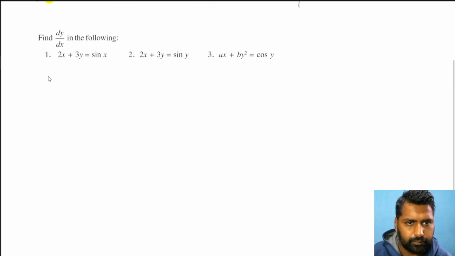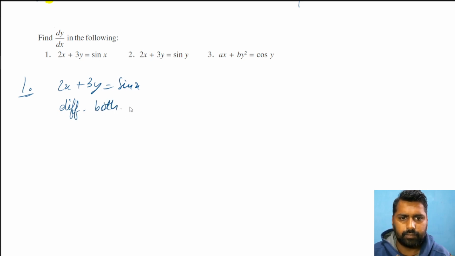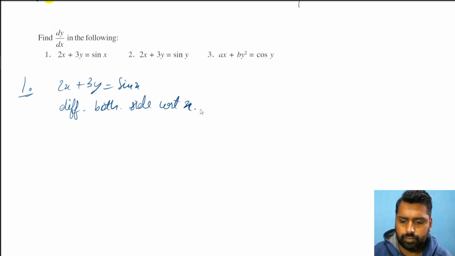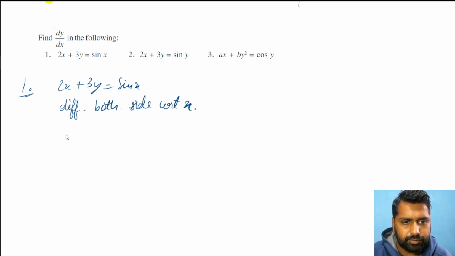First question: 2x plus 3y equals sine x. We'll differentiate both sides with respect to x. Differentiation of 2x is 2. Differentiation of 3y: y will be differentiated like x.